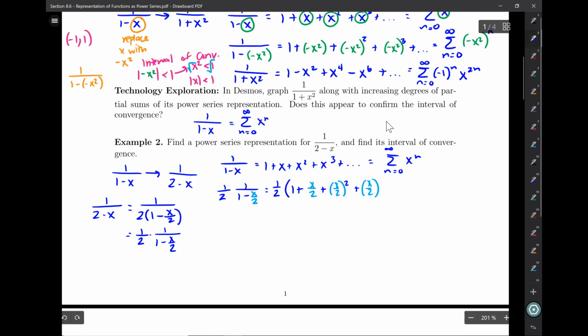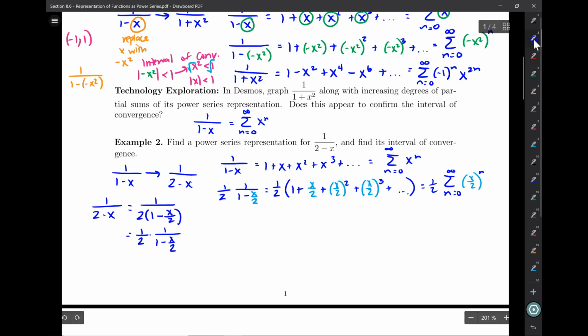Sorry, my pen color doesn't always switch when I tap on it. Plus dot, dot, dot. And then we're going to also replace that here. Now notice that we multiplied by 1/2 on the outside, so I'm going to go ahead and put that on the outside of the sigma notation here, but we might be able to bring it in a little bit. And then again replacing x with x over 2 to the n.